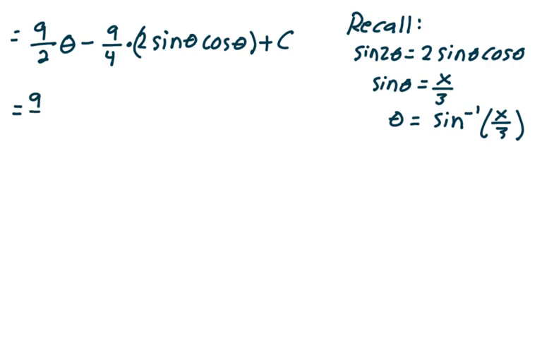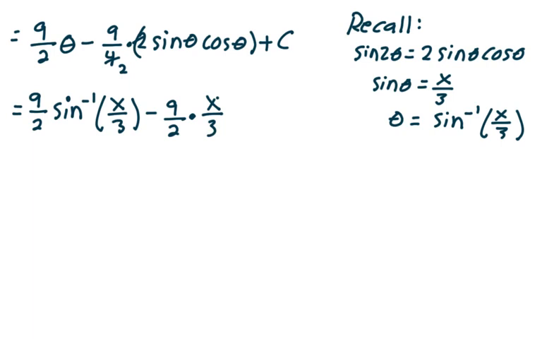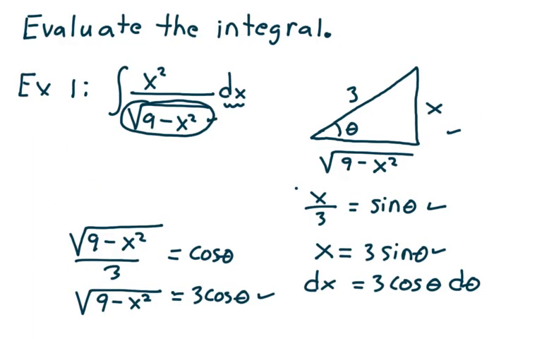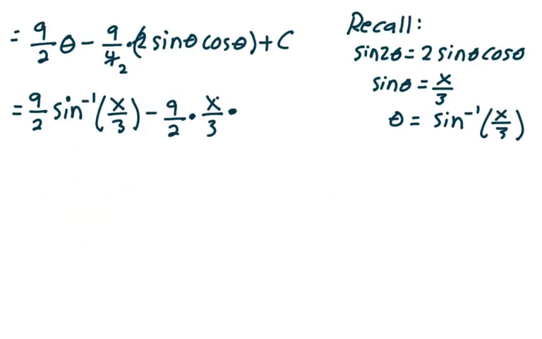So this is 9/2 arc sine of x over 3, like so, minus 9/2 times, by the way, the 2 canceled with 4, and you still have a 2 there. So we get 9/2 times x over 3 times, now cosine theta is square root of 9 minus x squared over 3. Plus c.